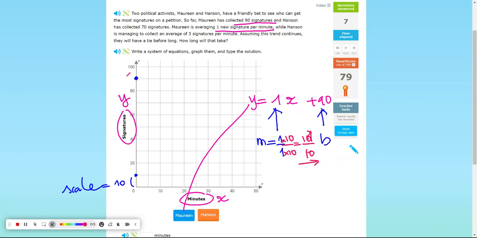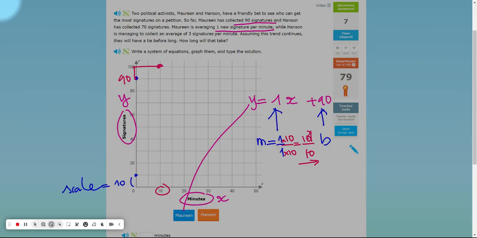So from right here at 90, I go up 10, which is 100, and go to the right side 10. So look at the x-axis. This is 10 units. So I stop right there. Now go and get my little mouse. I can do my fancy things again. Right there, 90, up 10, right 10. Okay, and now I'm done.